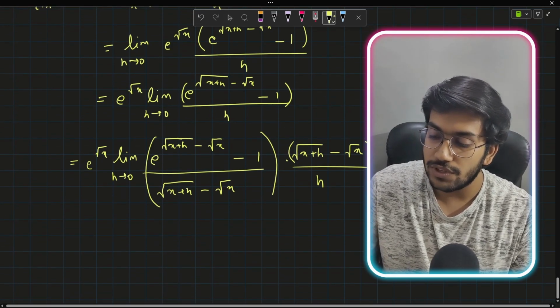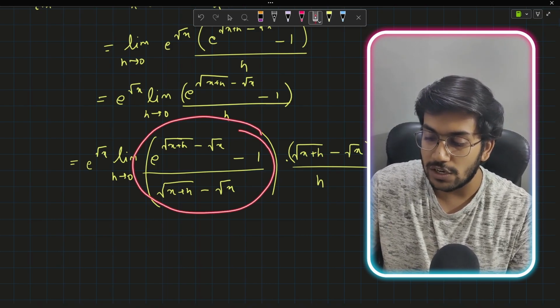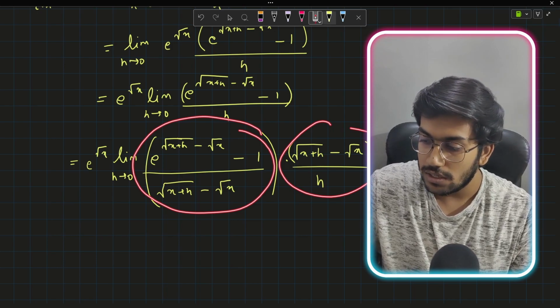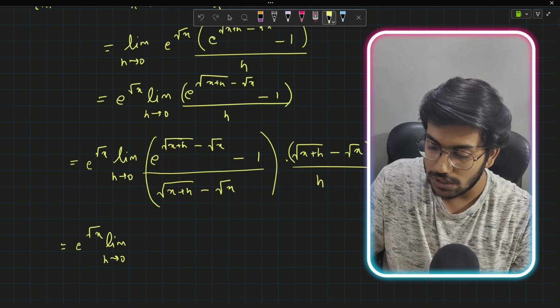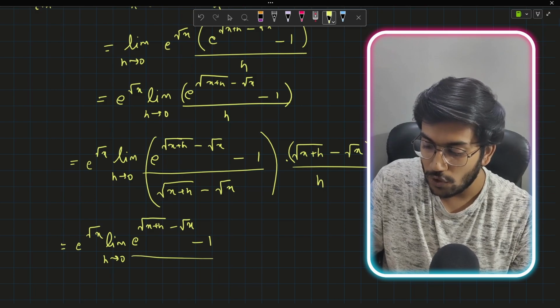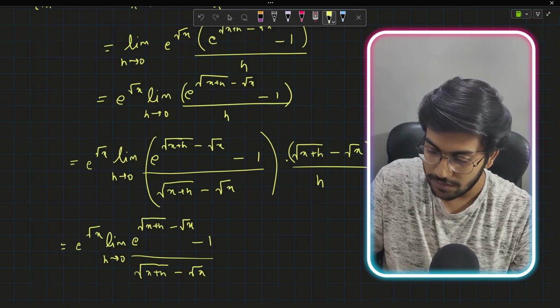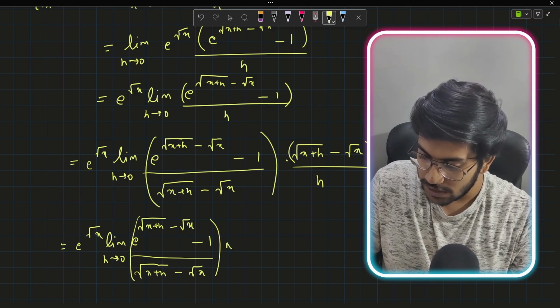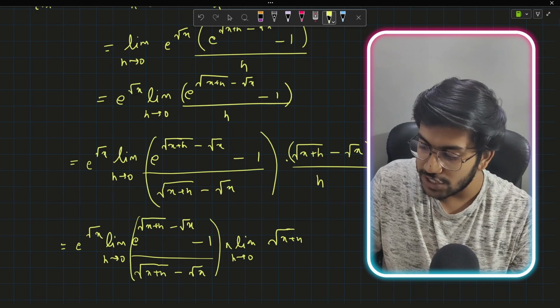And since we know we can separate the limits into two, the first limit will go on this and the second one on this. So we get e to the power root x, limit h tends to 0 of e to the power root x plus h minus root x, minus 1, over root x plus h minus root of x, times limit h tends to 0 of root x plus h minus root x over h.